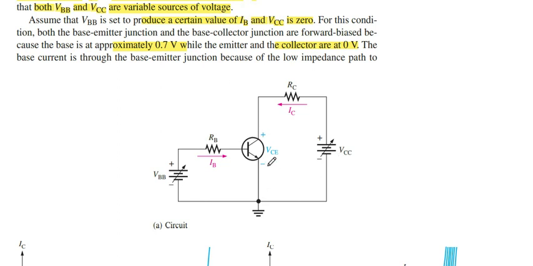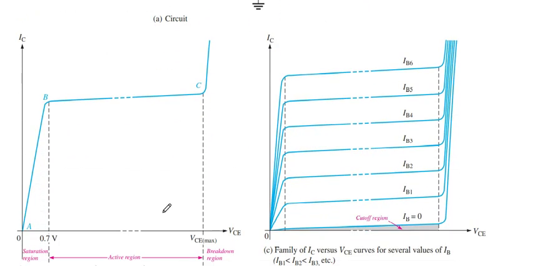At this point, both base emitter voltage and base collector voltage are forward bias. If we see what happens when IB is 0, this is the path of IB. When VCC is 0, then IC does not pass through the circuit. On the other hand, VCE is forward bias.